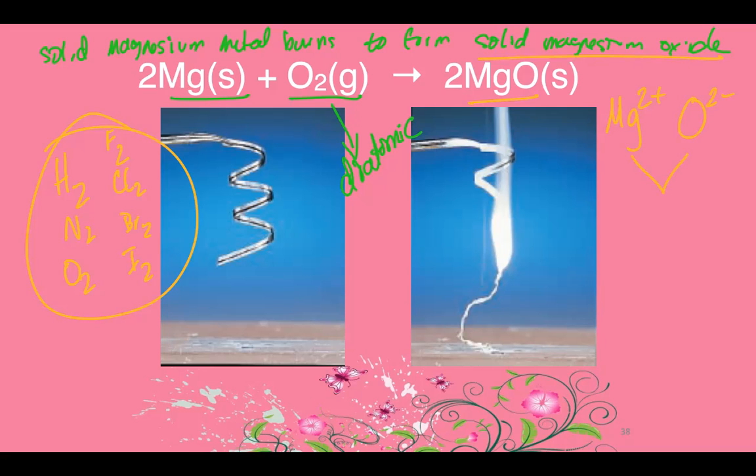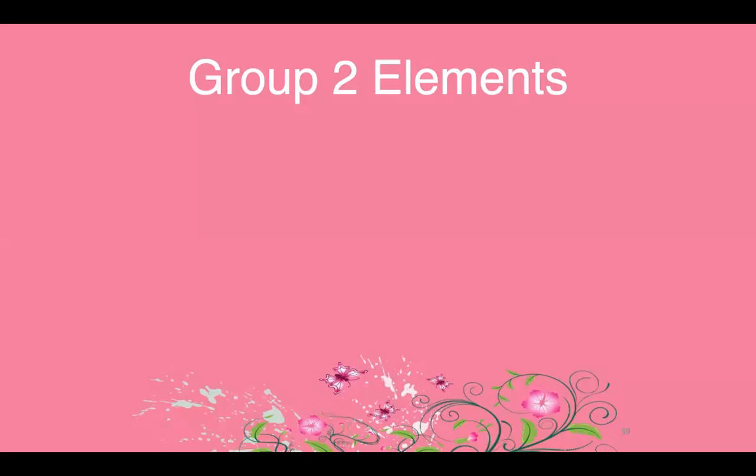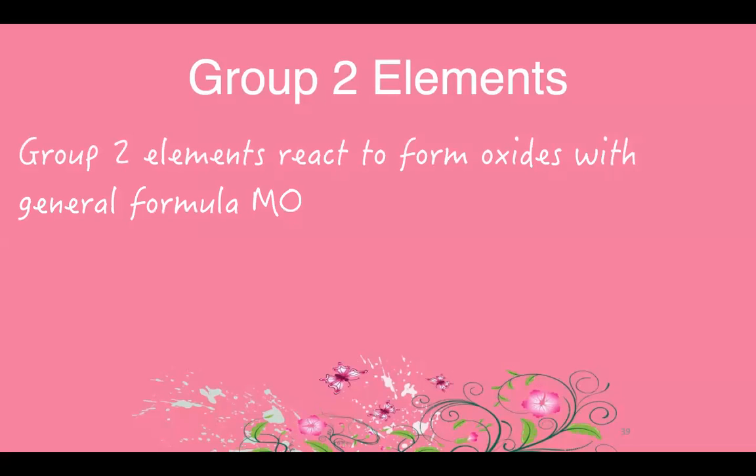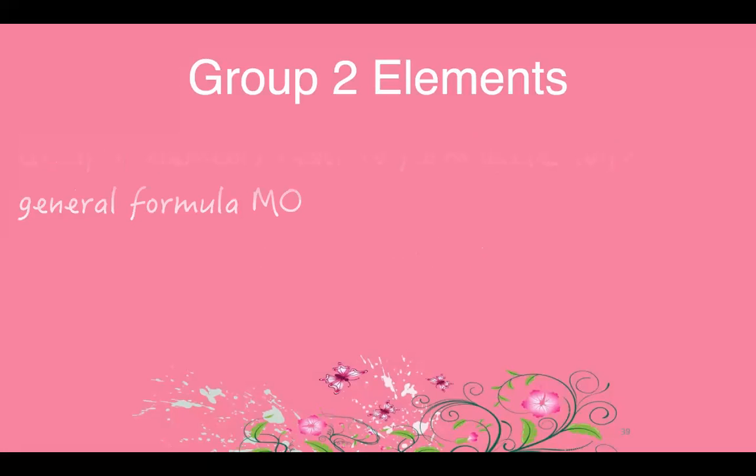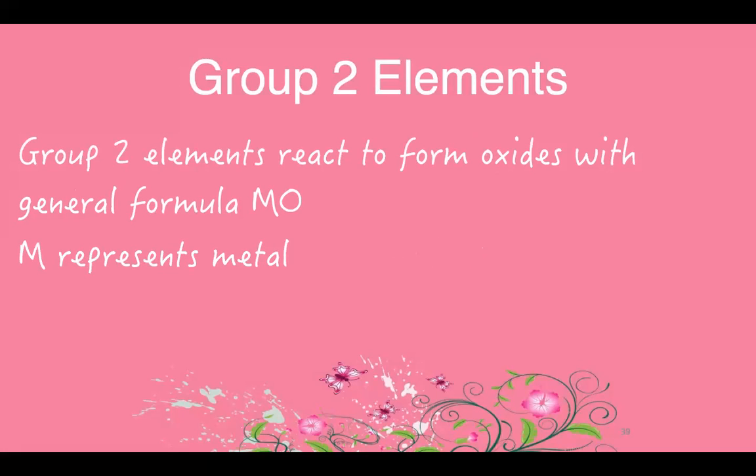Okay, so this is an example of a synthesis reaction involving a metal and oxygen. They form metal oxides. Now looking at the group 2 elements, they're going to form an oxide with a general formula MO, where M represents the metal and O represents the oxygen. Why is it MO? Because group 2 all have a charge of +2.